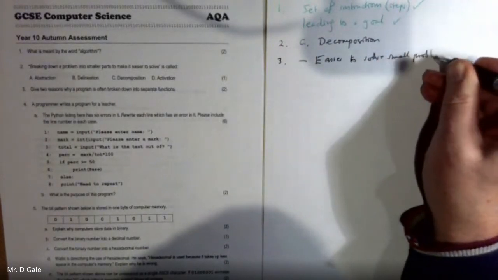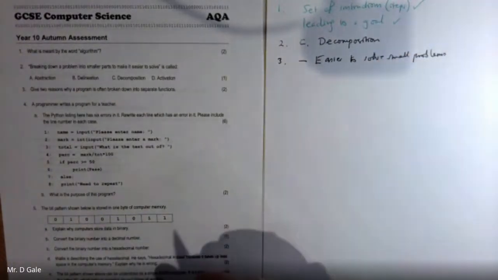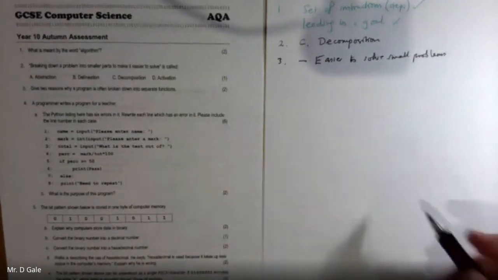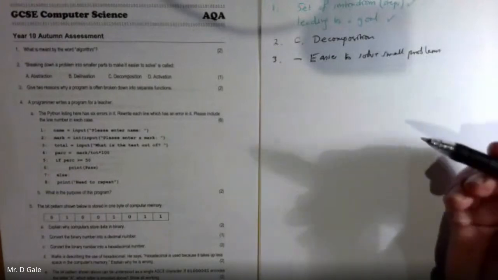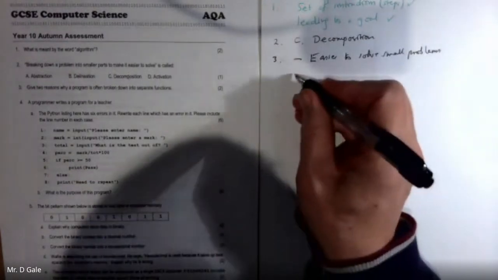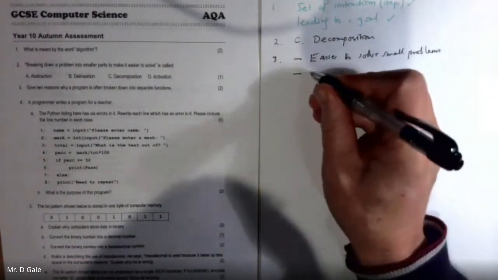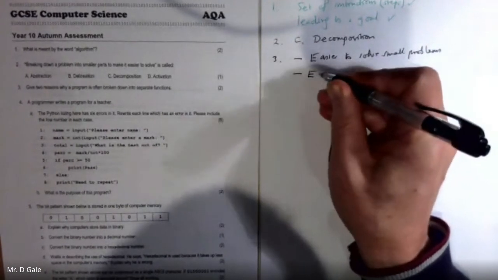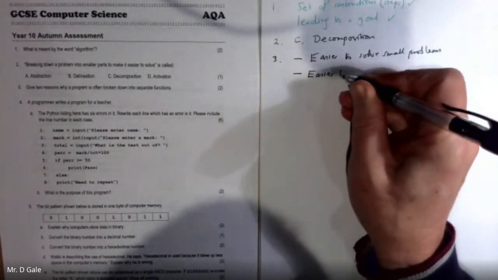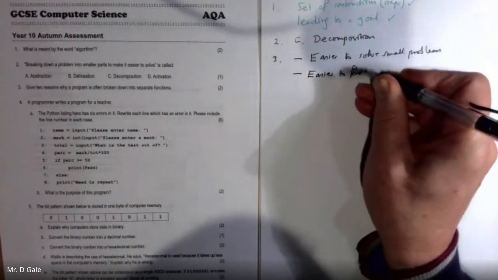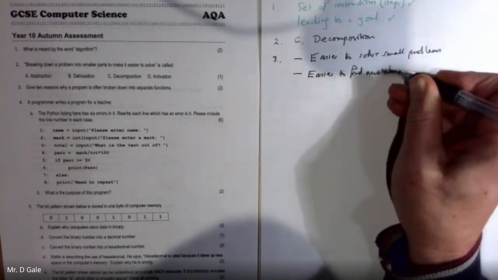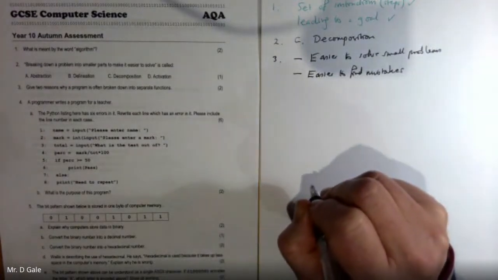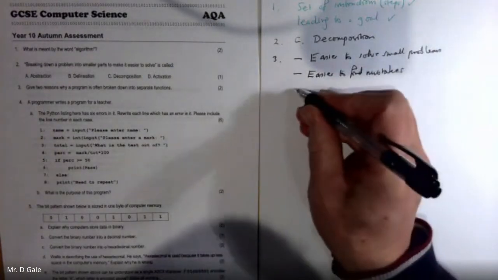So you can solve small problems in a much easier way, and that means that you can solve them straight away and then put the answers together. You can talk about the fact that it's easier to find mistakes. So if there's a mistake anywhere in the program, and you know which part of the program it's in, you know where to find the mistakes and how to fix them.